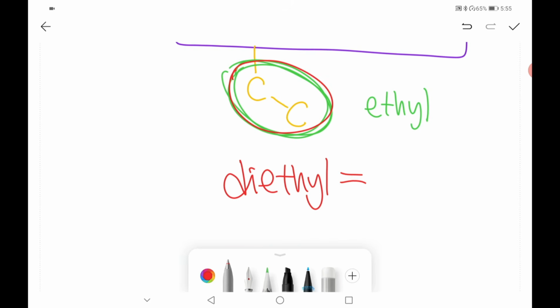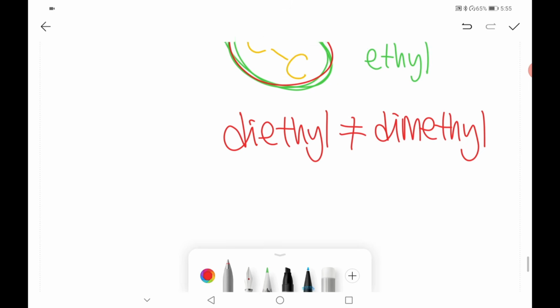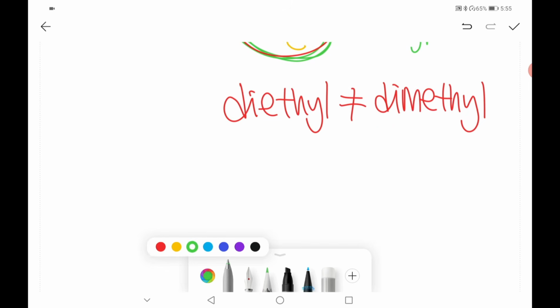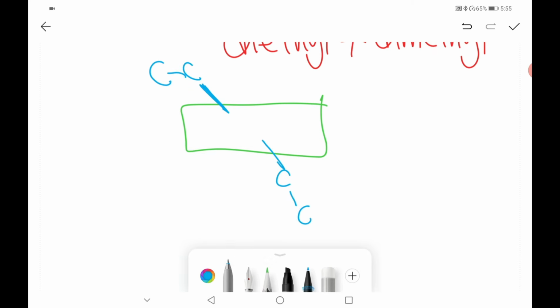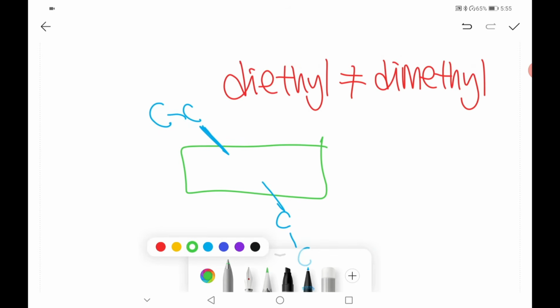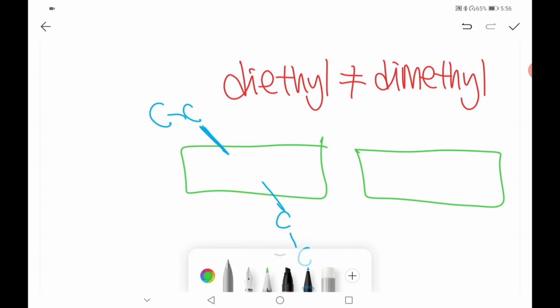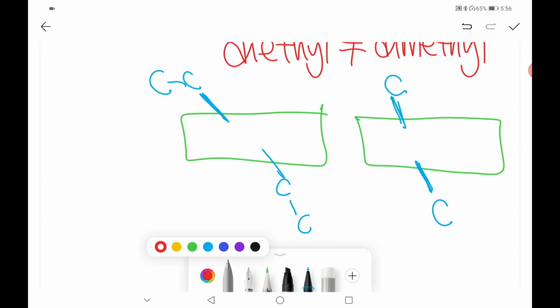Diethyl and dimethyl are very, very different. Diethyl is the case when you have 2 branches, and this branch has 2 carbon and this branch has 2 carbon. Dimethyl is the case when this is the backbone, you have 2 branches, this branch has 1 carbon and this branch has 1 carbon. That's it.